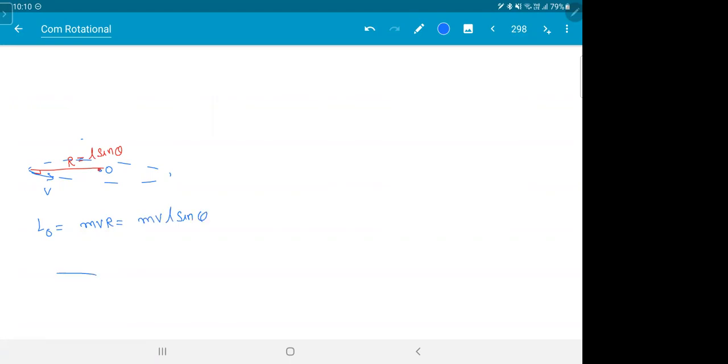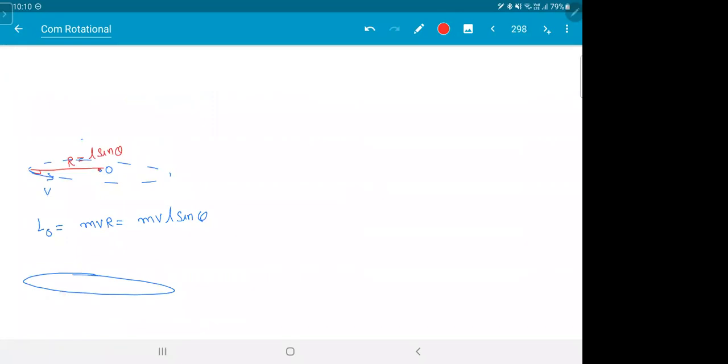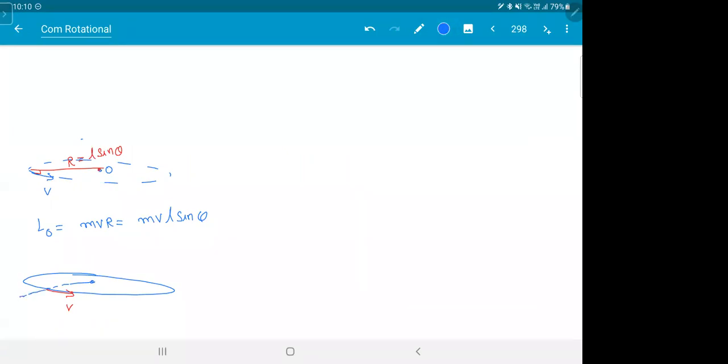What about the direction? So if this is velocity V, this was your R bar, meaning R bar would be like this. R cross V bar should be perpendicular to the plane. Are you getting how the direction is? V is tangential, R is away from the center, L bar is perpendicular to the circle. All three are mutually perpendicular.